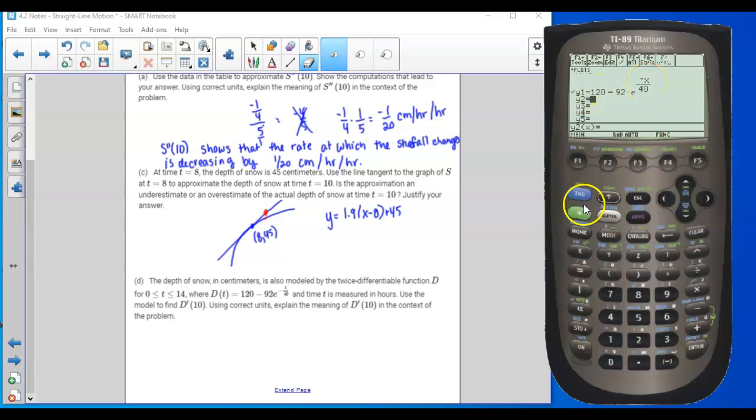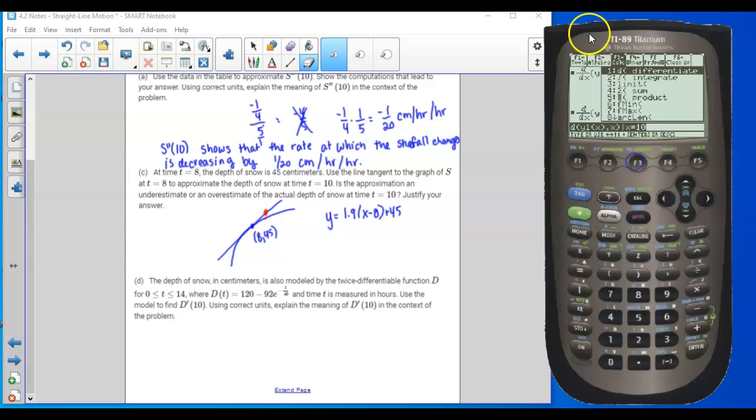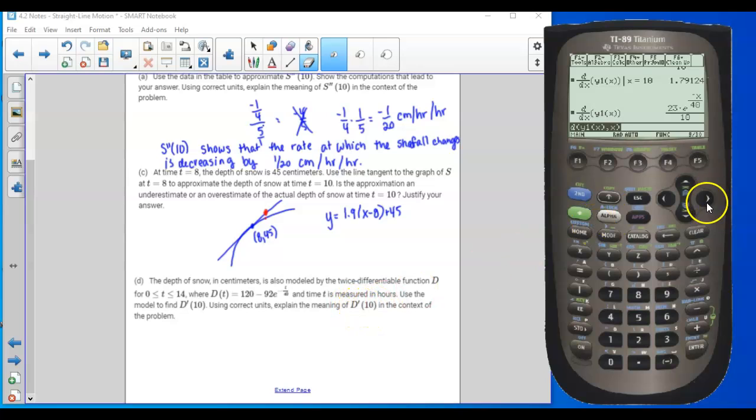If we go back to the home screen and do F3, which is differentiate, we tell it y1 of x, since we stored that into y1, and put a comma x. If you do this, it will give you the equation of the derivative. However, I really only need to know the derivative at 10. The calculator can do that for you as well, so you don't have to plug that in by hand.